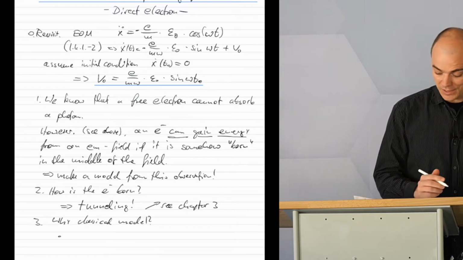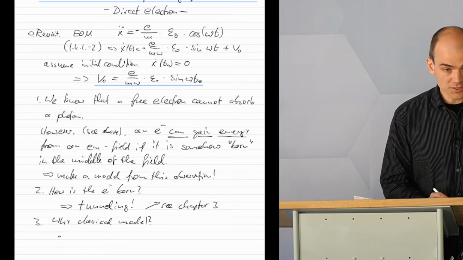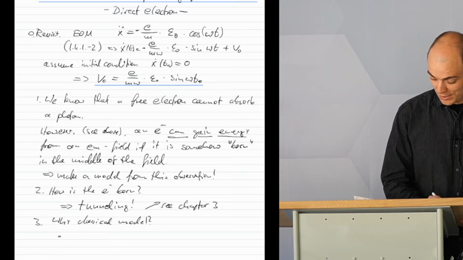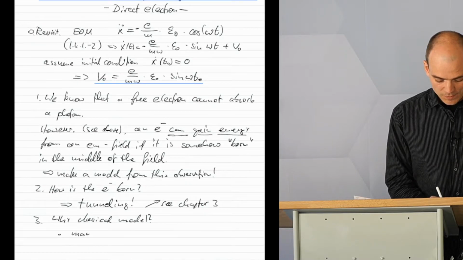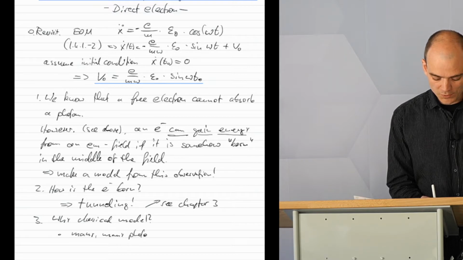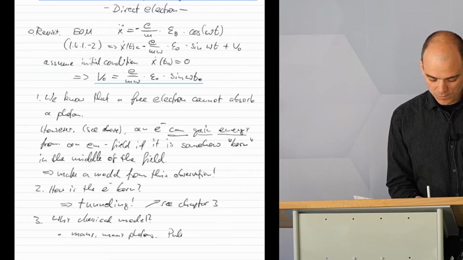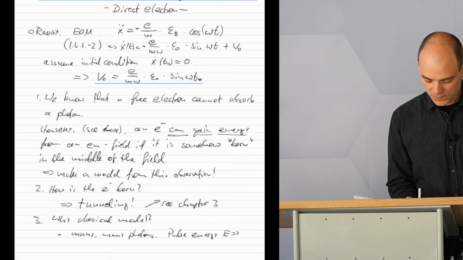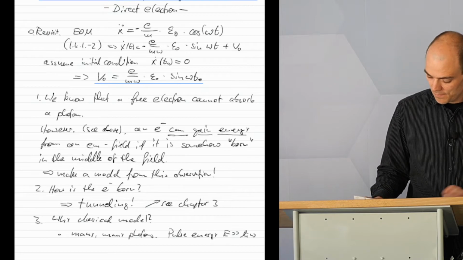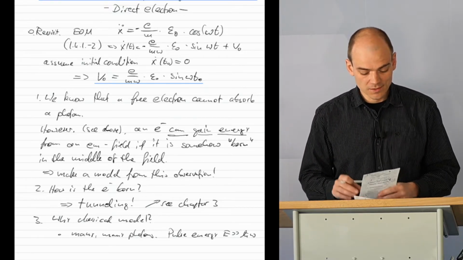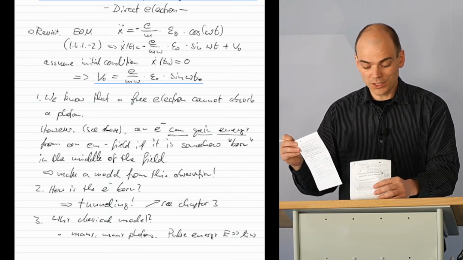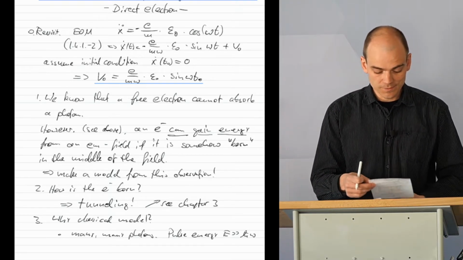In other words, the pulse energy is much larger than the photon energy here, and therefore the photon character may actually be of secondary importance.